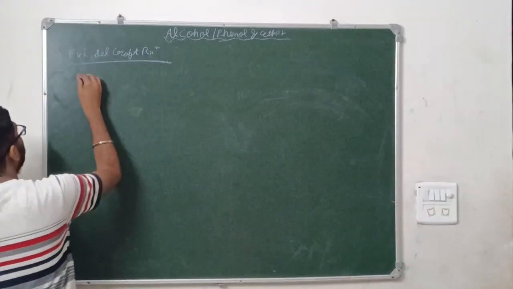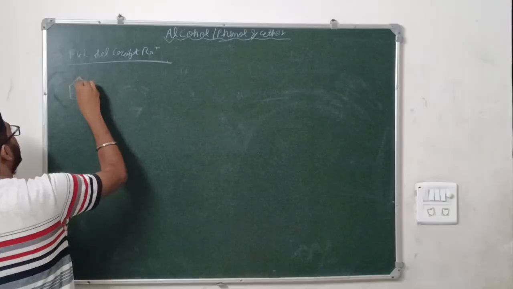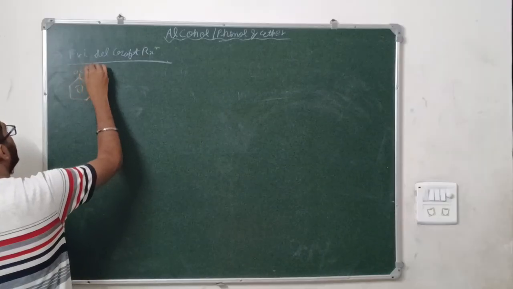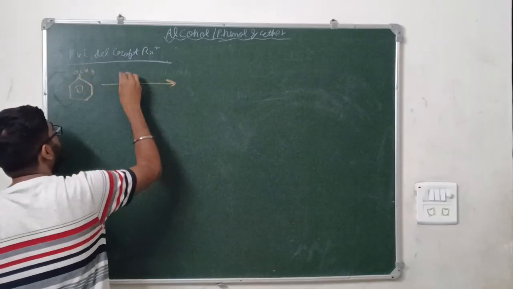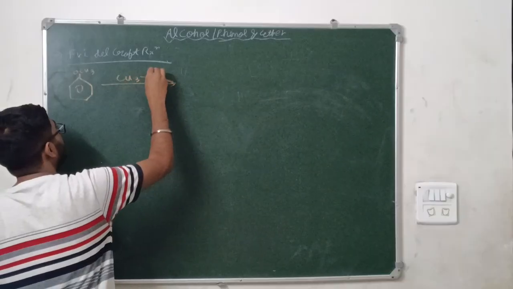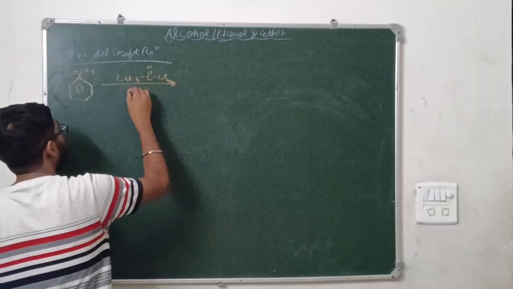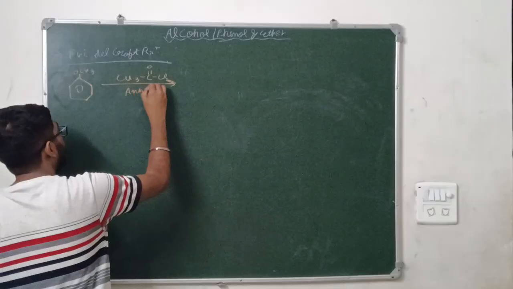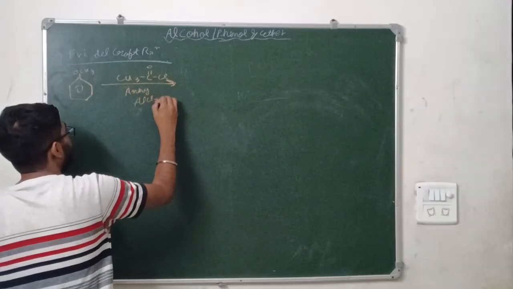If you took anisole again and did the Friedel-Crafts reaction, you know the reagent CH3Cl in anhydrous AlCl3. This is a Lewis acid.